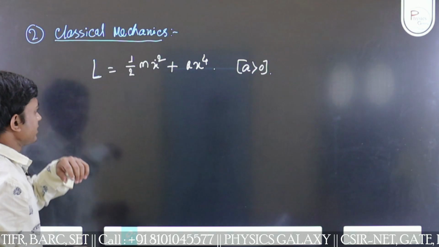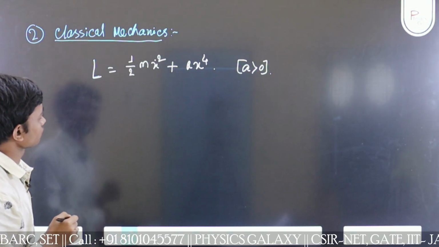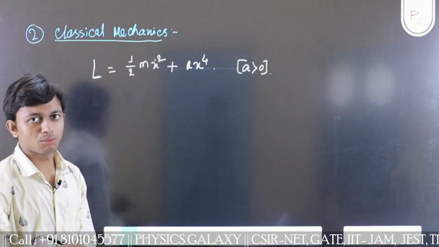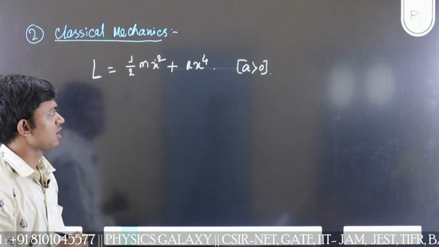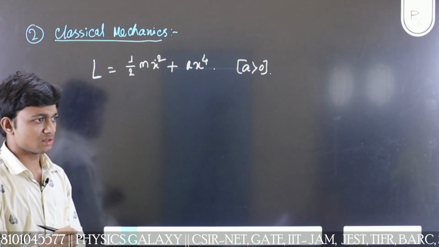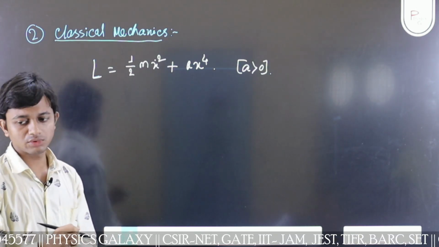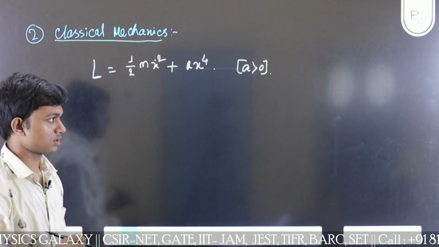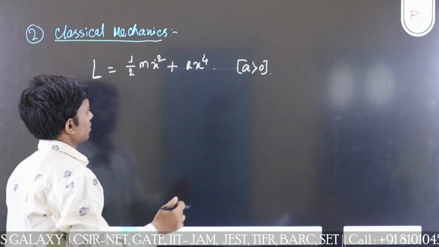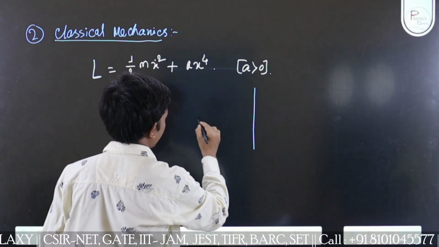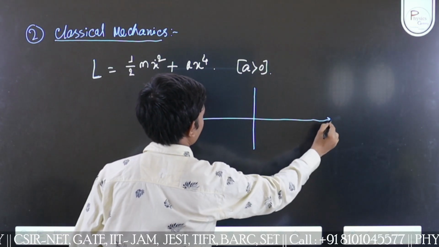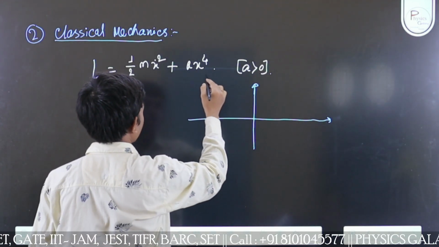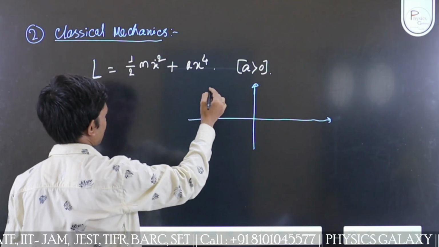They asked whether the motion of the particle in this potential is periodic or not, and what such a type of motion is called. Firstly they told me to draw the potential. It is like a parabola, not an exact parabola.